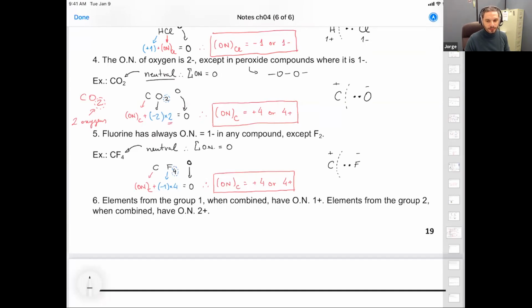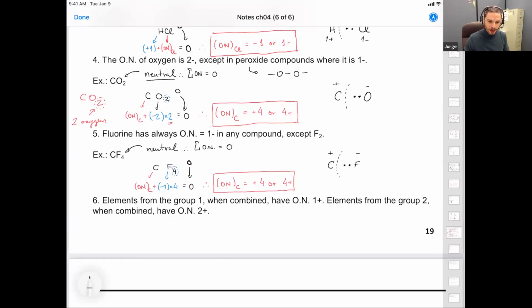And finally, rule number 6, the last one. Elements from group 1, when combined, have oxidation number 1 plus in all cases, and elements from group 2, when combined, have oxidation number 2 plus.